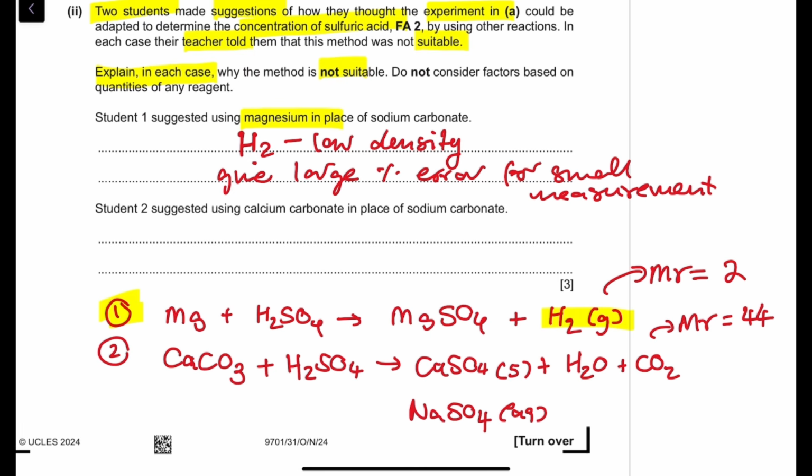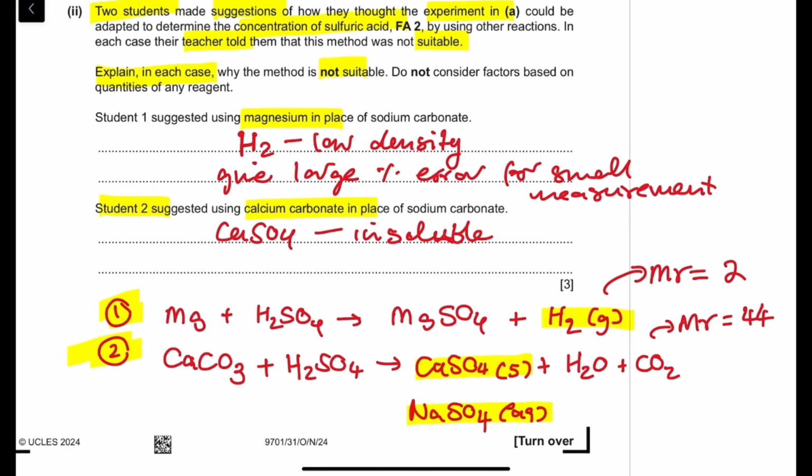Therefore, it isn't suitable. Student 2 suggests using calcium carbonate instead. So if we look at the reaction with calcium carbonate, the only difference is we have calcium sulfate produced instead of sodium sulfate. Calcium sulfate is a solid, it is insoluble, while sodium sulfate is soluble.